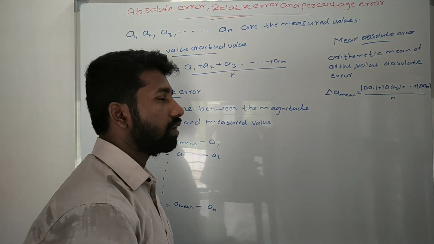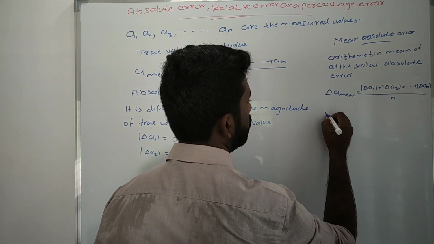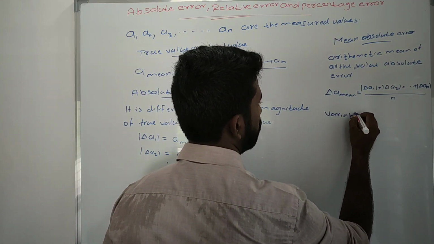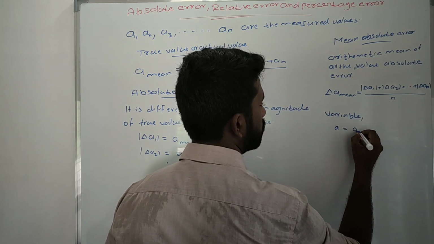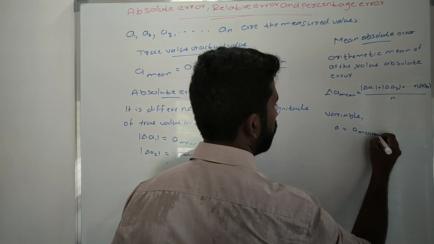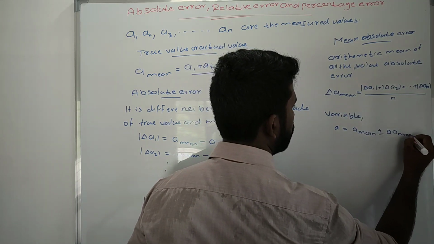So we can write the variable A equal to the true value, that is A mean, plus or minus delta A mean.